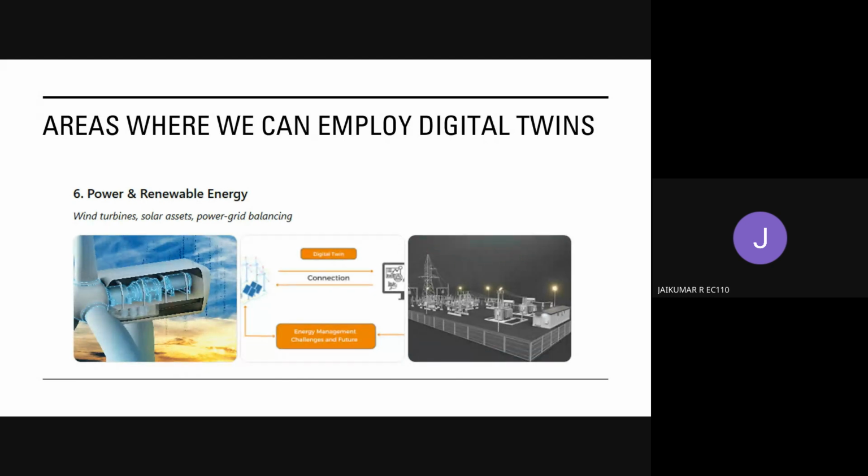If you have a digital twin of the wind turbine, solar asset, and power grid balancing of the entire city, you can easily monitor and track the functionality of the system. So this is another big area where we can employ digital twin.